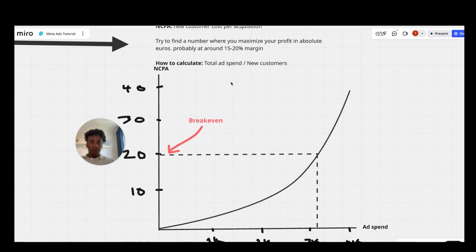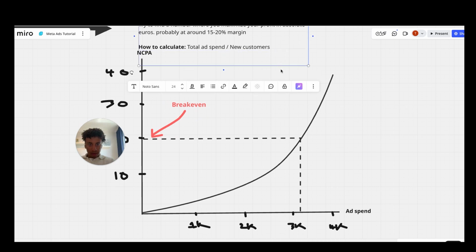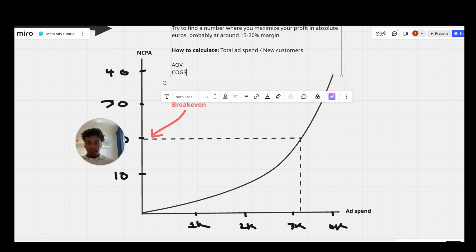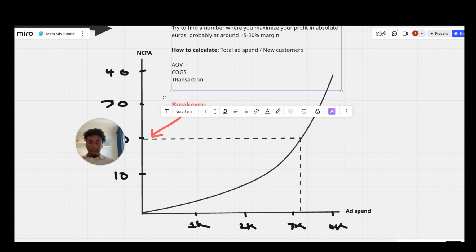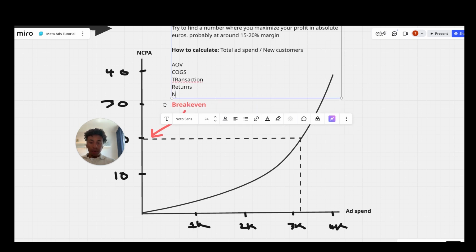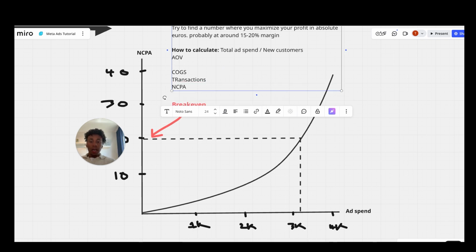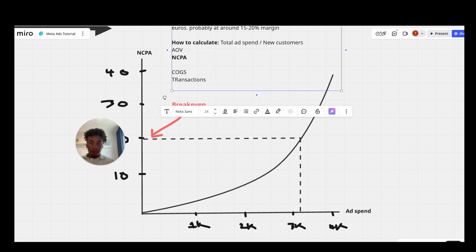So what I would advise you to do is the following. I would make sure you understand your margin, understand your AOV, understand your cost of goods, understand your transaction fees, understand your returns, and then calculate what NCPA you need to hit in order to make a 15 to 20% profit margin.